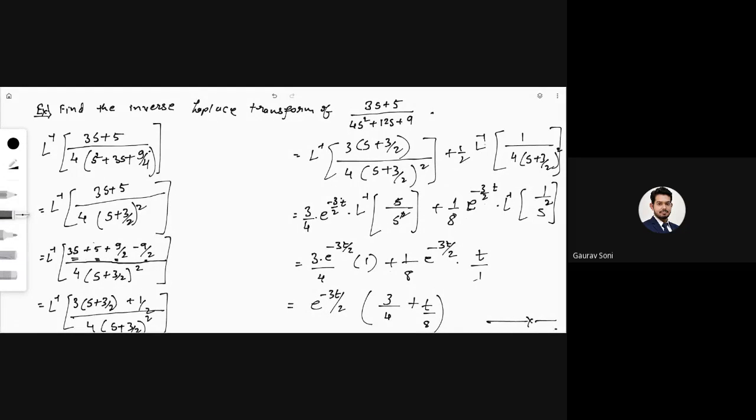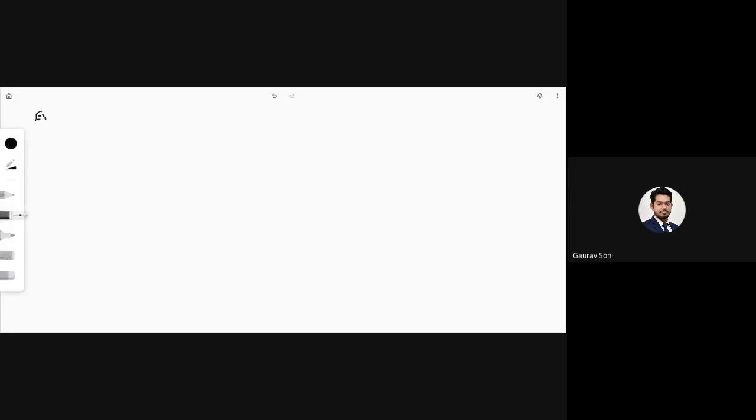Next example. Find the inverse Laplace of 3s plus 1 upon s minus 1 into s square plus 1.